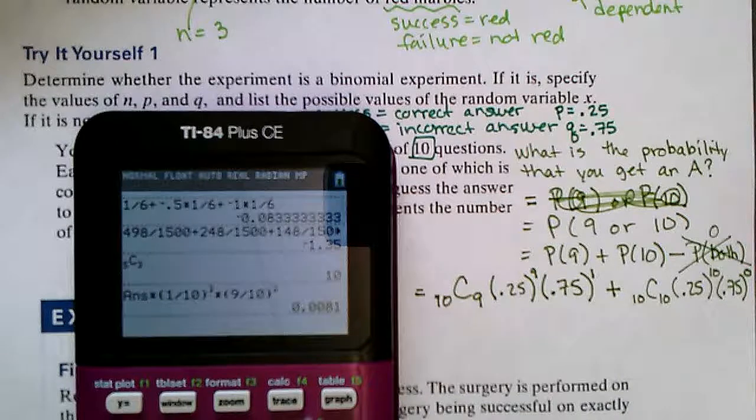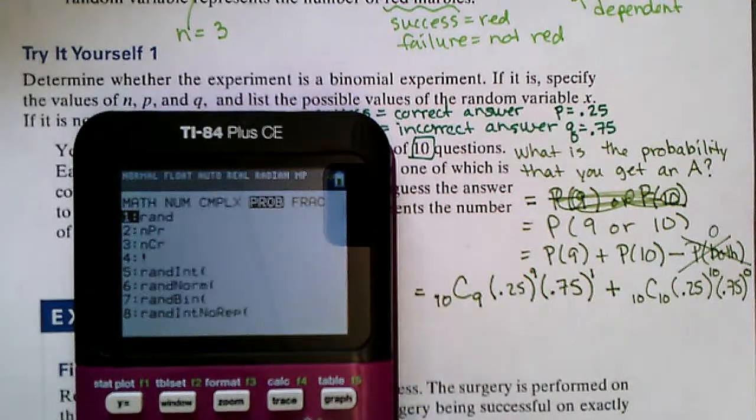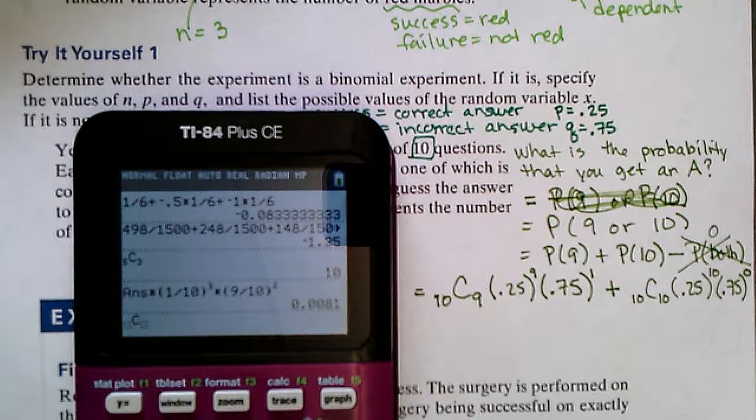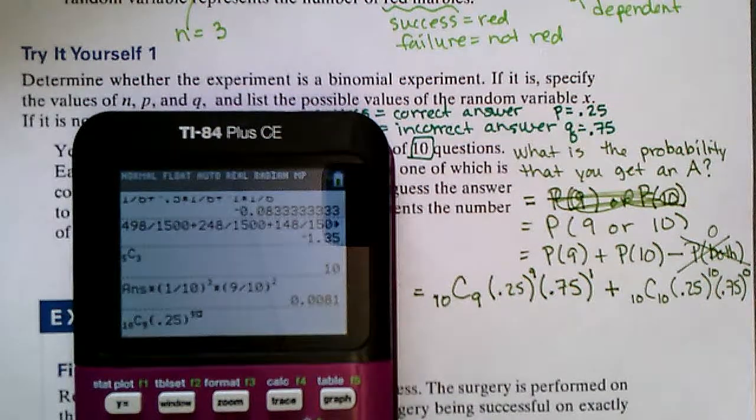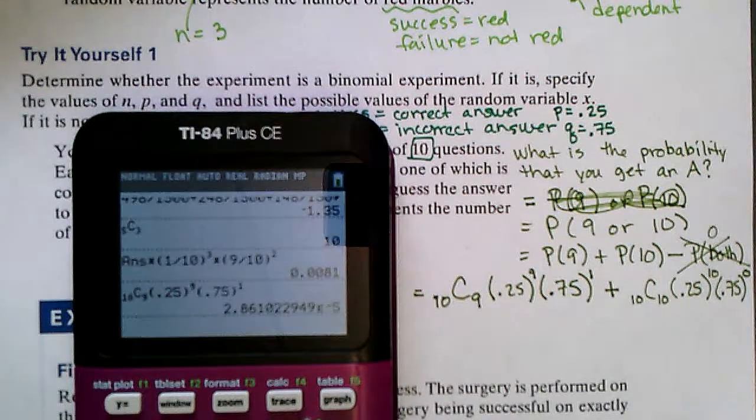So then I would want to be using my calculator here. So math, probability, 10C9. And then I can just go straight across here, 0.25 to the 9, and then 0.75 to the first. That is a very small number.